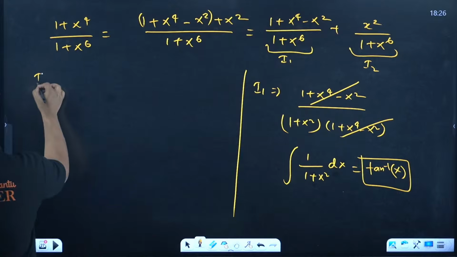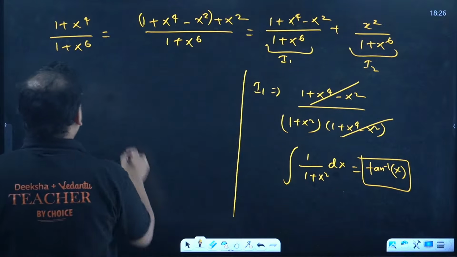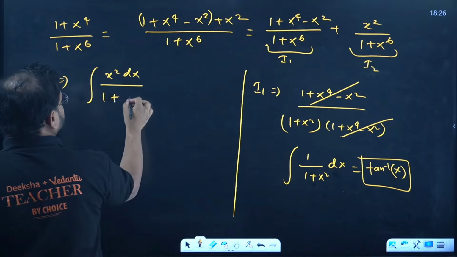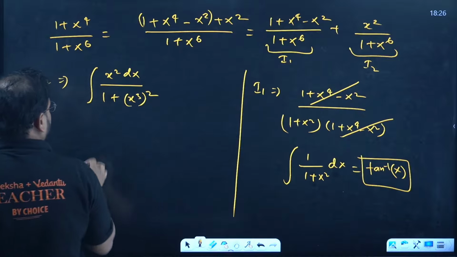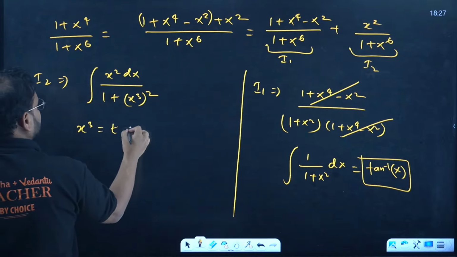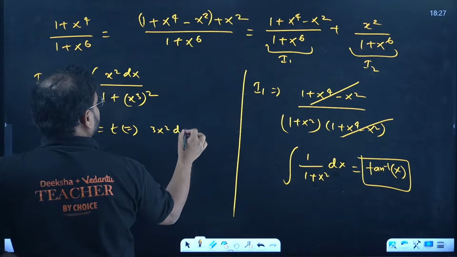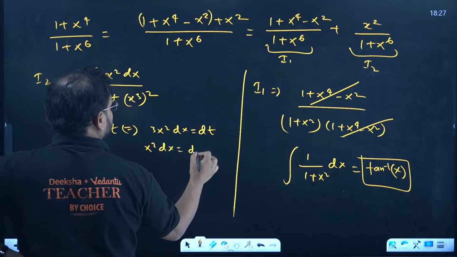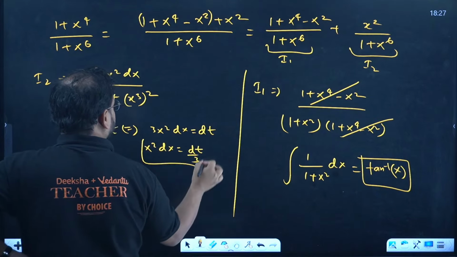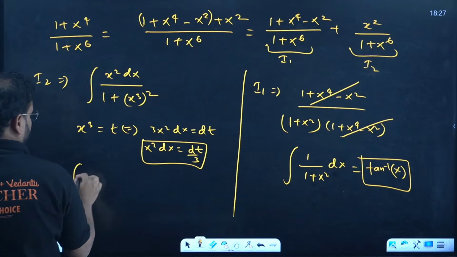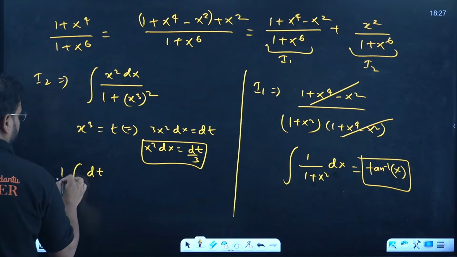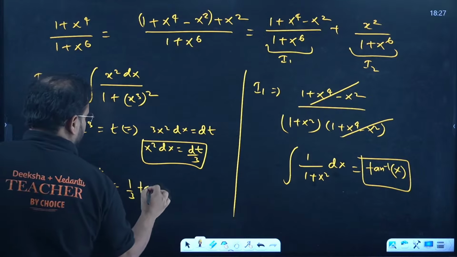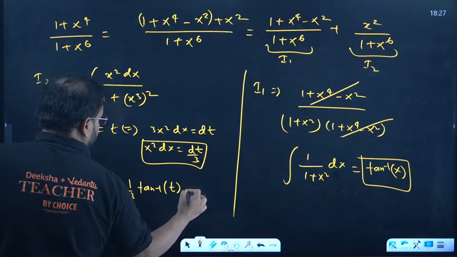Let's look at I2 now. Here you're going to do x square dx upon 1 plus x cube the square, and take x cube as t. So we have 3x square dx as dt. It means x square dx as dt upon 3. So dt over here, 1 by 3 over here, and 1 plus t square. So 1 by 3 tan inverse of t.